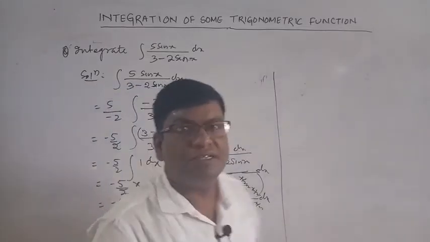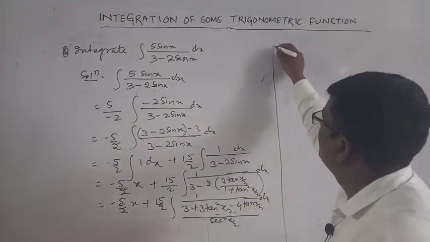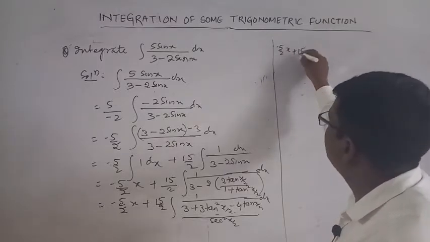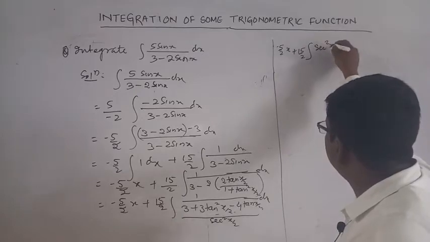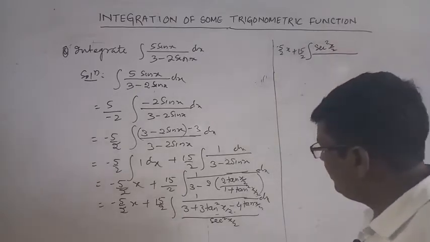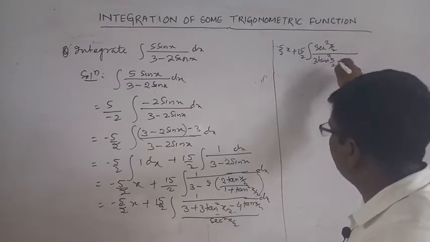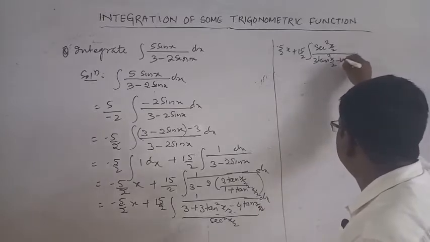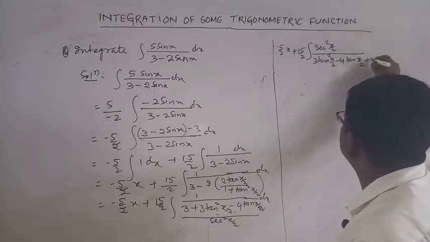Now what happens here? This is equal to minus 5 by 2 x plus 15 by 2, and this is integration of sec square x by 2 divided by 3 tan square x by 2 minus 4 tan x by 2 plus 3.